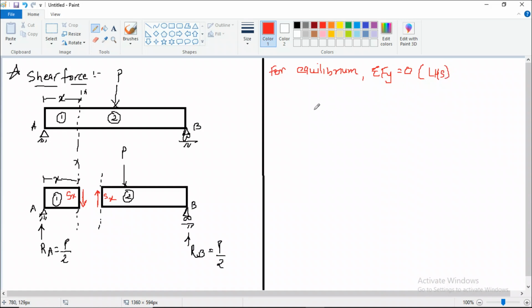So what are the vertical forces we have? First we have P by 2 vertically upward, so we take it as positive. Then we have Sx vertically downward, so minus Sx is equal to 0. So ultimately we will get the value of Sx, that is Sx is equal to P by 2.